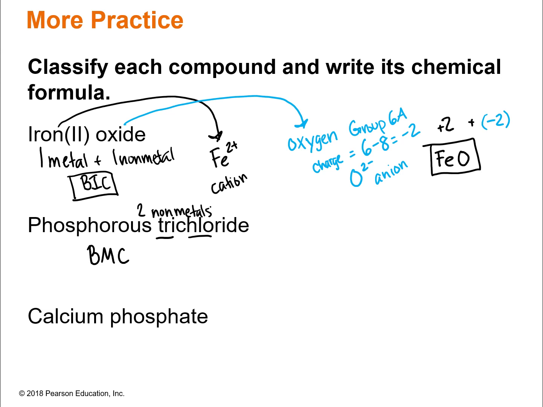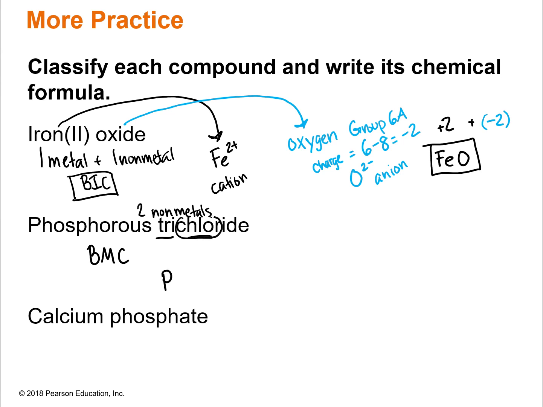To go backwards from the name to the chemical formula, you look at what the element is and what the prefix is. The first word is phosphorus. The symbol for that is a P. There is no prefix, so there's only one. Then we move on to the second word, trichloride.